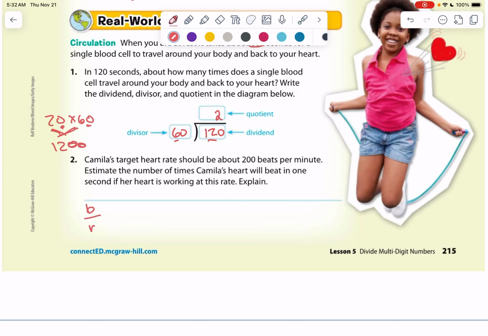Beats per minute, 200 per 1 minute. But they asked how many times her heart will beat in 1 second. So how many seconds are there in 1 minute? 60. There are 60 seconds in 1 minute.